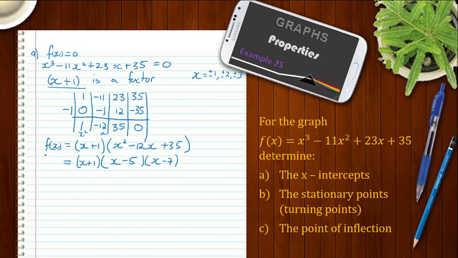So if this is equal to 0, like we were solving it up here, then x is equal to negative 1, or x is equal to 5, or x is equal to 7. I skipped a step there, but this means x plus 1 equals 0, or x minus 5 equals 0, or x minus 7 equals 0. And then x is equal to negative 1, 5, or 7. And this then is our x-intercepts.